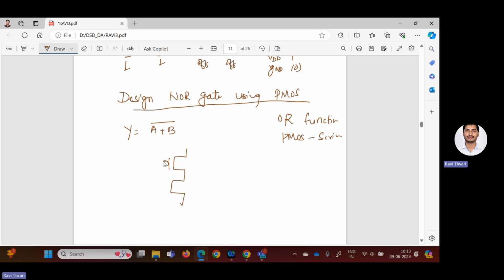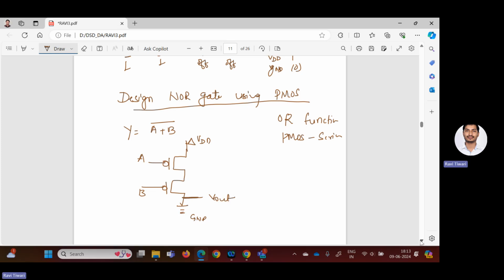So here I am giving this is A, here I am giving B. At the top, you have to provide VDD. At the bottom, it is ground. And you know that when you are designing the circuit with PMOS, the output will be connected to what? Near to ground. So this is Vout.